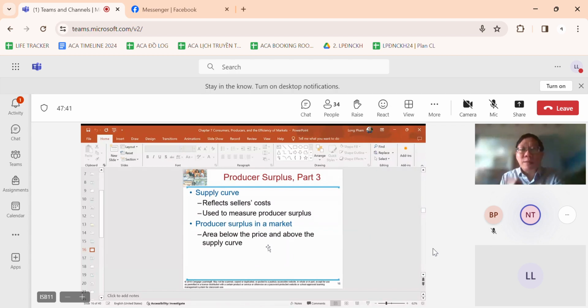And the next, when we see the supply curve, what does it mean? It reflects the sellers' cost, as the lecturer mentioned before, and this supply curve is used to measure producer surplus.